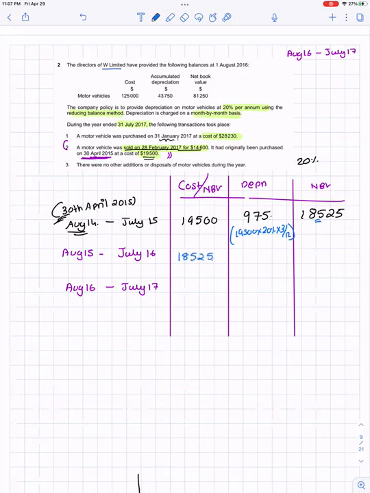This I bring over here. Depreciation 20%, 3,705. This is 14,820. Now this is my current year whose depreciation I am charging now.